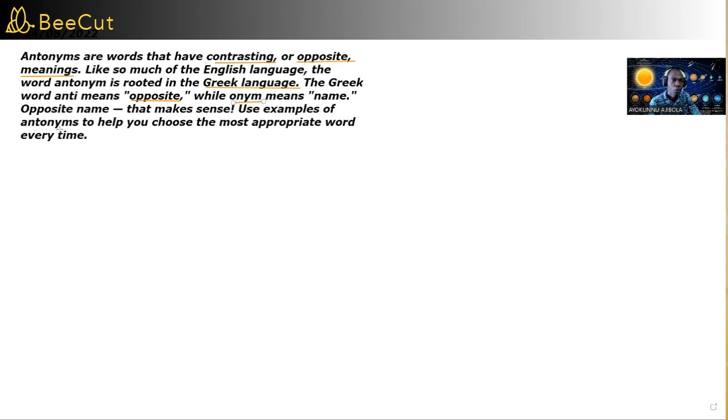So antonym means opposite name, the opposite of what you've just said, and that makes sense. So when you are talking or writing, you should use examples of antonyms to help you choose the most appropriate word every time you speak or write. So please put that down.